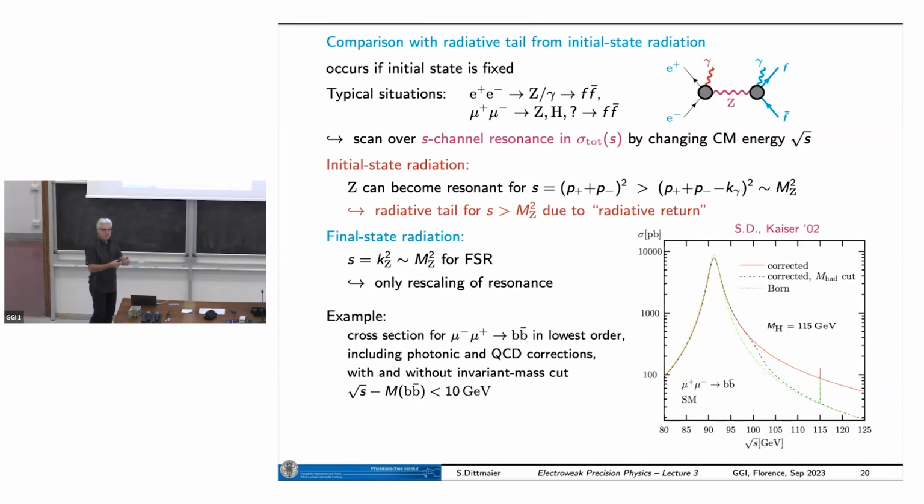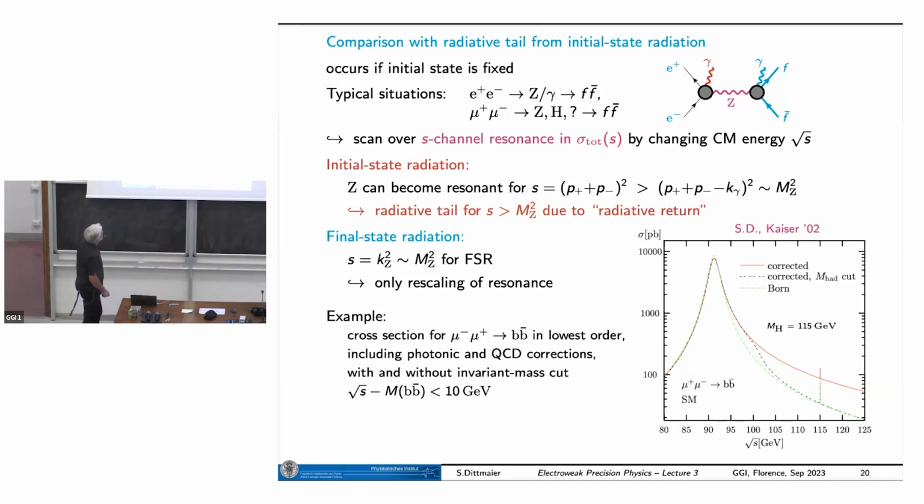And just to prove that it's really this radiative return that makes the correction so large, I show here two versions for the correction, namely the red one, which is just inclusively integrating over everything, and the dashed black one here has an additional cut at work.